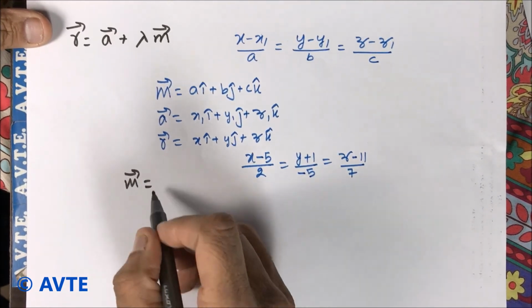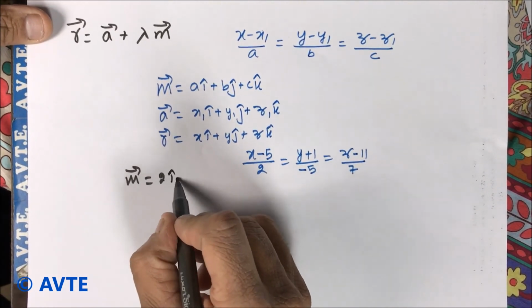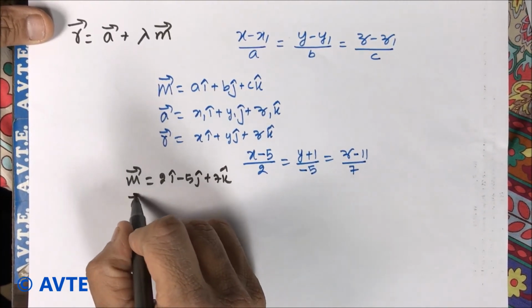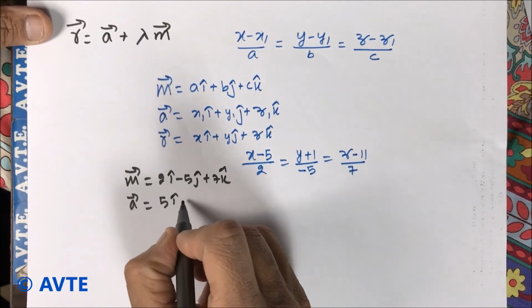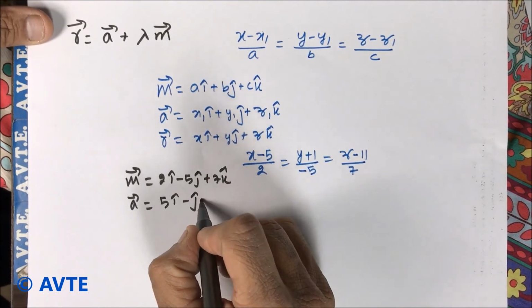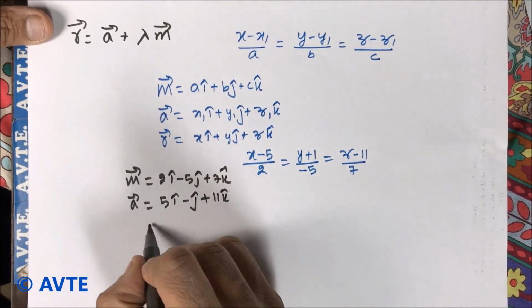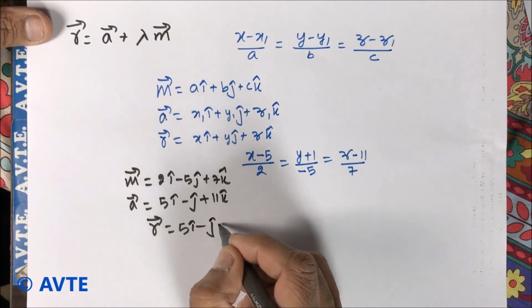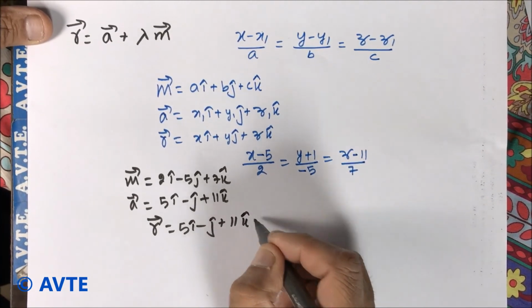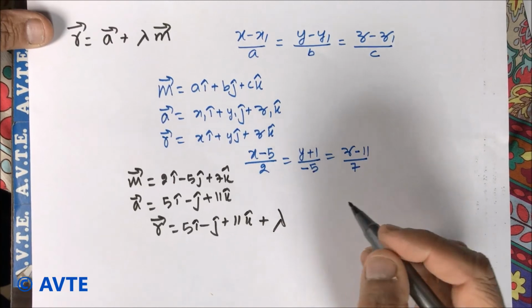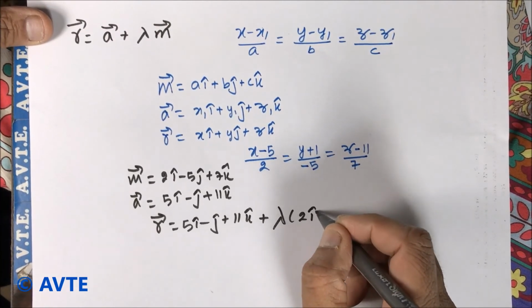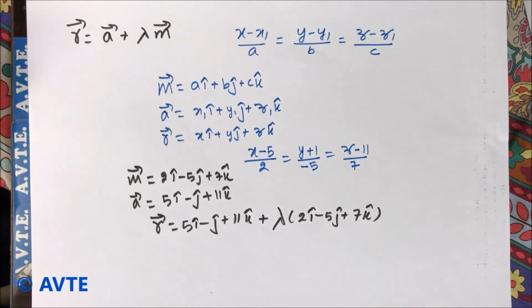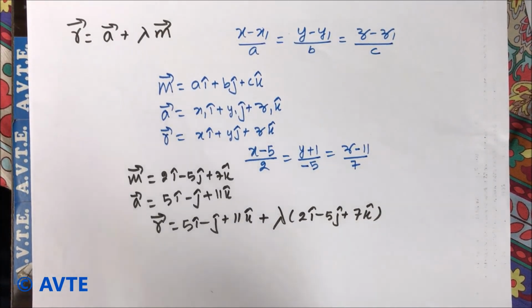My m vector will simply be what? 2i minus 5j plus 7k, and a vector through which line is passing is 5i minus j plus 11 times of k. So equation will simply be 5i minus j plus 11k plus lambda times of 2i minus 5j plus 7k. So this is how you can relate that they are same.